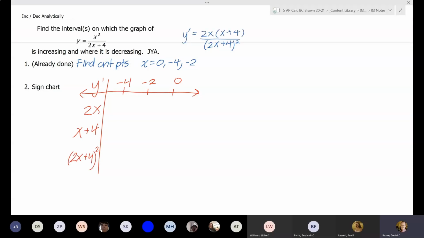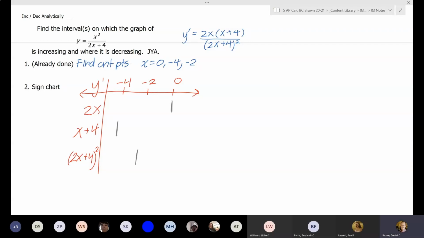And then the last thing I do is I put a little vertical bar underneath the critical point from its corresponding factor. So for example, the factor of 2x gave me 0, so I put a little vertical bar here. The x plus 4 factor gave me -4, so I have a vertical bar there. And (2x plus 4) squared has a vertical bar there.